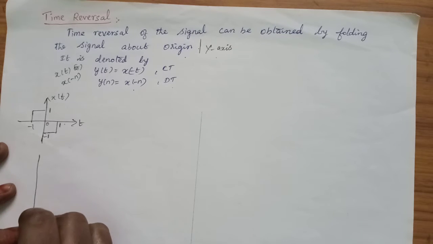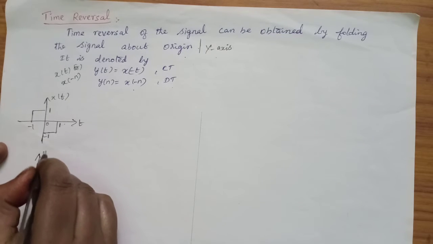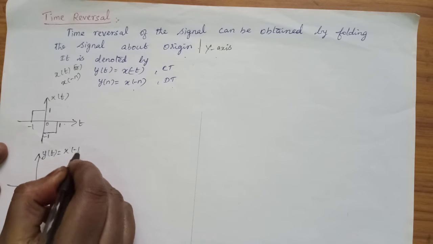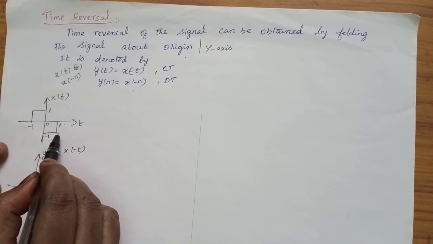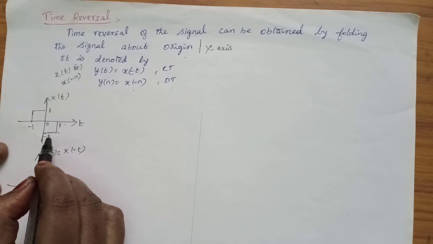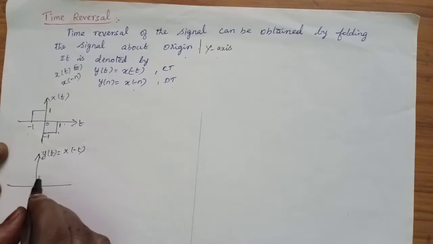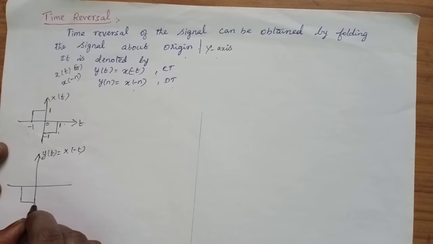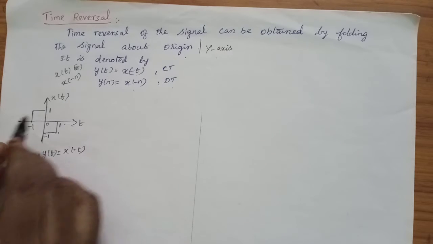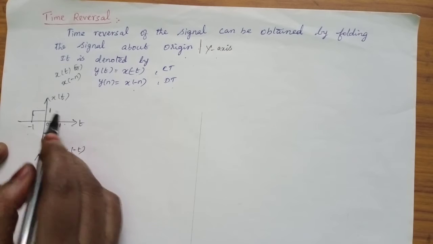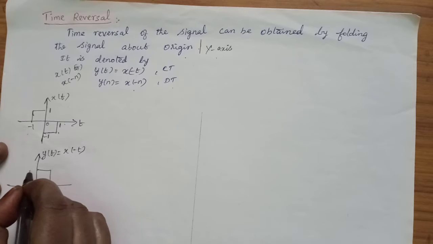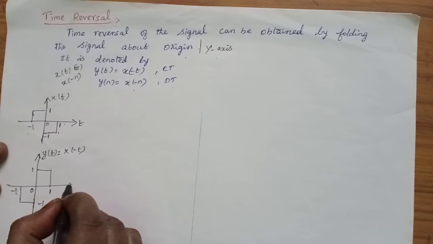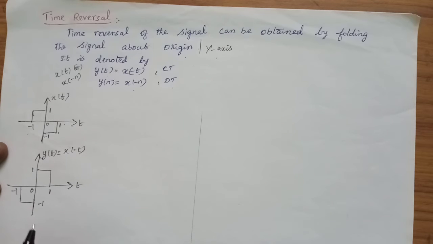That is, we can get y of t equal to x of minus t. You can get it like this, with marks at minus 1, 0, 1 on the t axis. So this is how we get x of minus t.